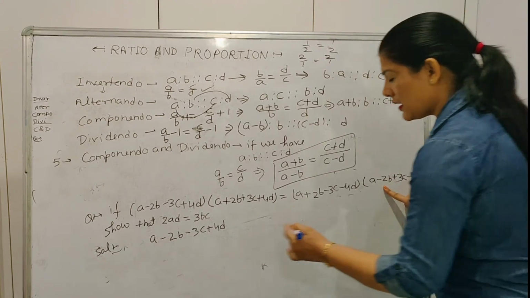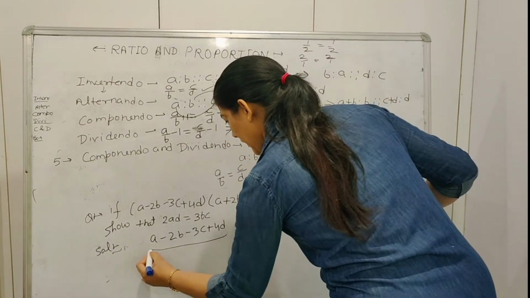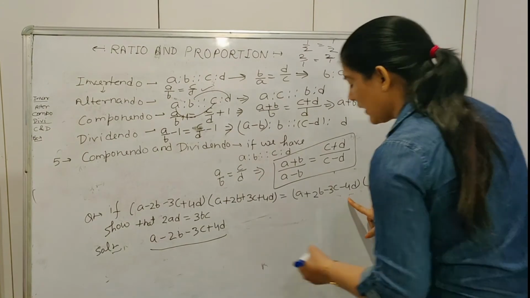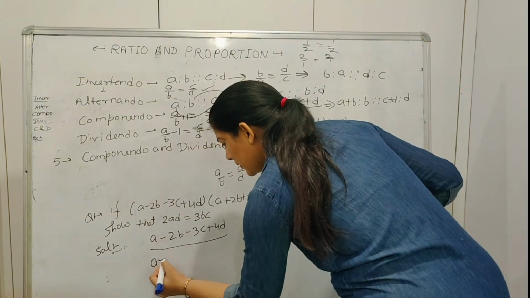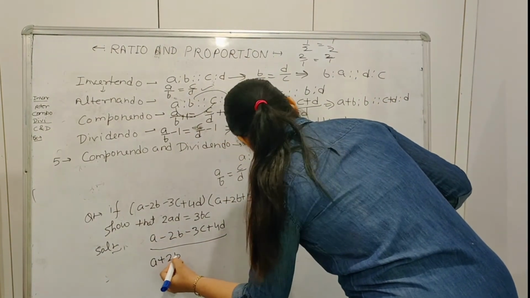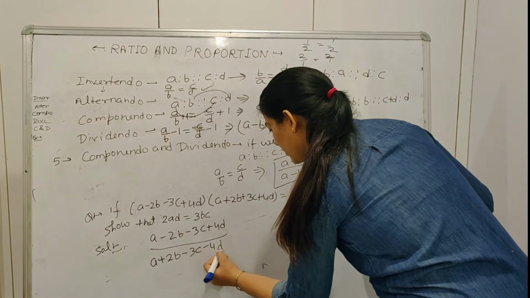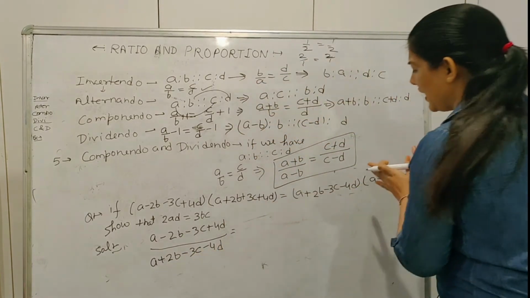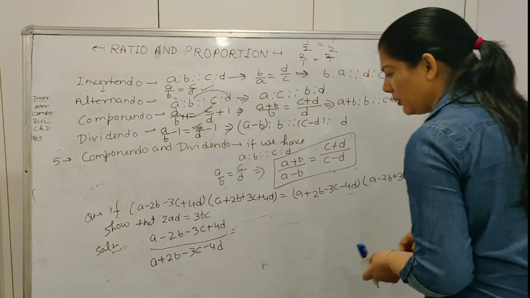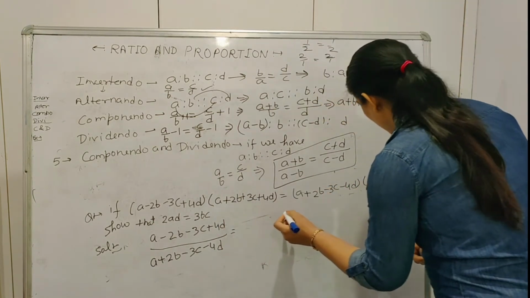This is divided by A plus 2B minus 3C minus 4D. And you can take any one of these to the denominator. It will make no change.